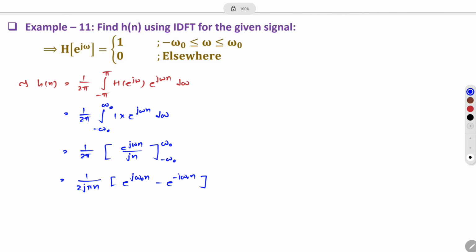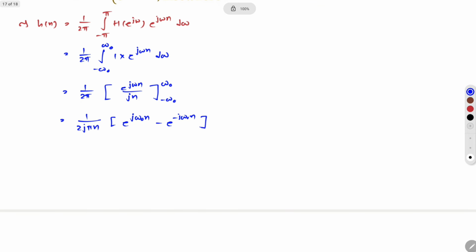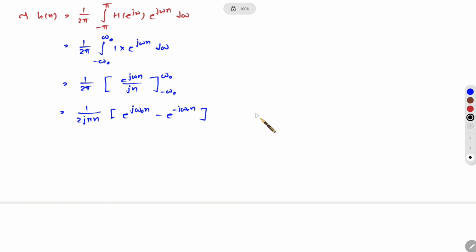Now we can convert this into the form of the sine theta equation. One should know sine theta is e to the power j theta minus e to the power minus j theta divided by 2j, right? So here you see we have 2j, you can take it over here and we can convert this into the form of sine angle.